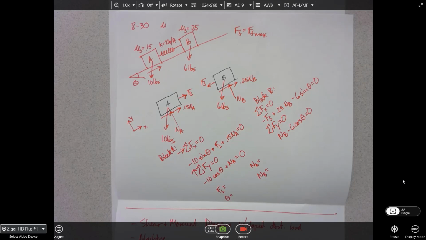The problem we're going to do is 8.30. We've got these two blocks, A and B, connected by a spring, where k equals 2 pounds per foot.